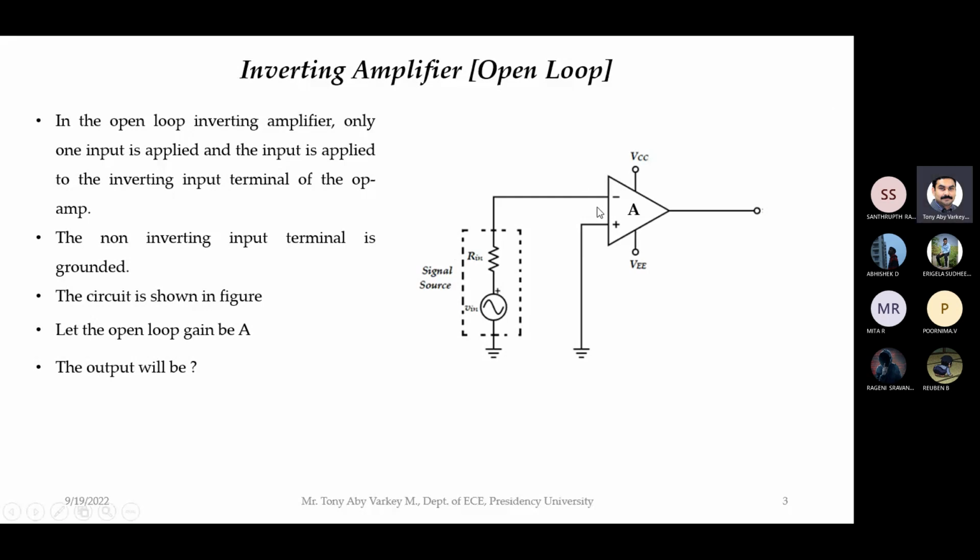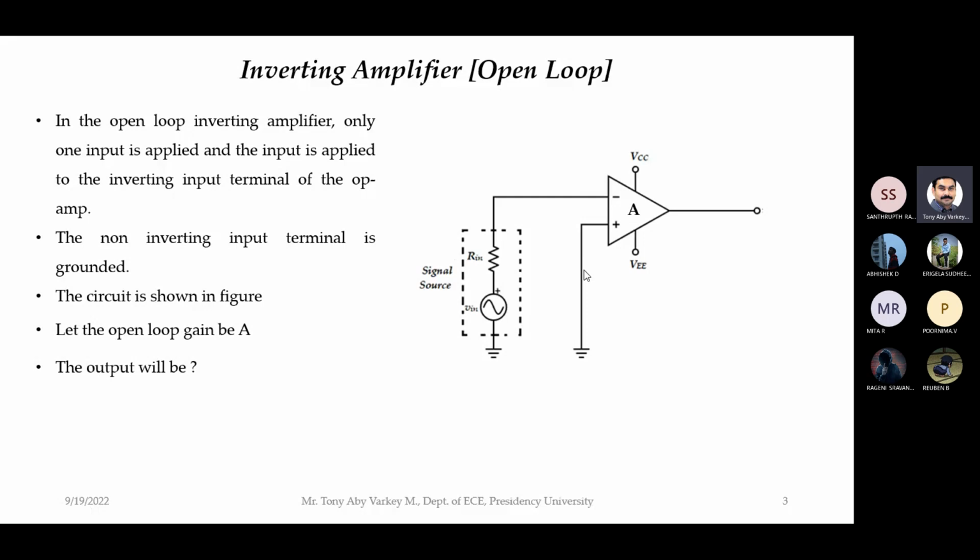V in is the voltage coming at the inverting input terminal, and the non-inverting input terminal is grounded. So what will be the output voltage? Can anyone tell? What is the output of an op-amp? It will be A into V.